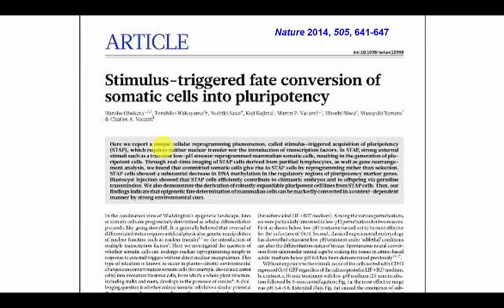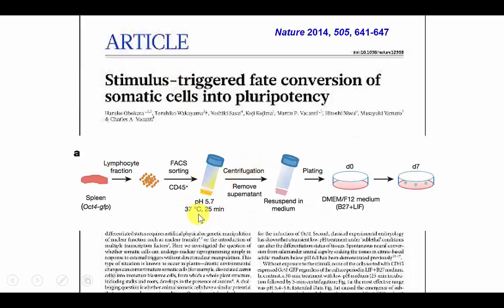The next year, a more exciting paper was published in Nature. Even without using many chemicals, just treating the cells with slightly acidic conditions, the cells can change their fate into stem cells. And this method has been called STAP. If this is true, then making stem cells is super easy.